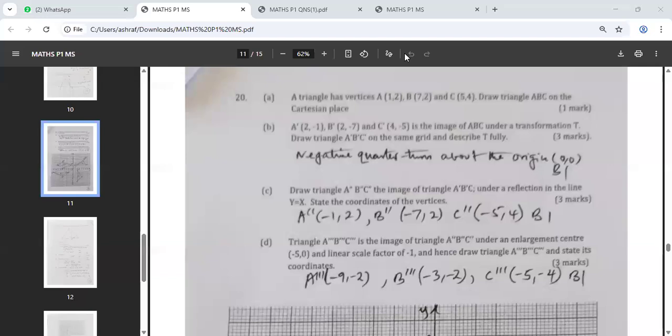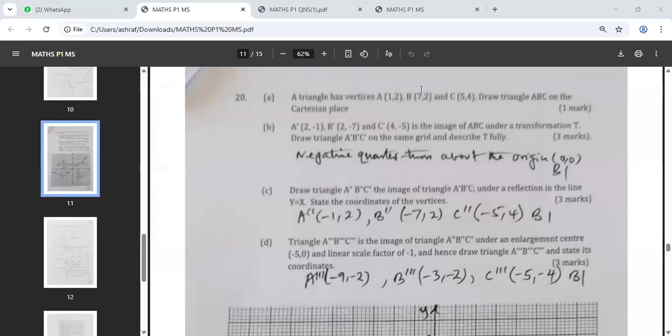I think he's saying the scale factor part. So the scale factor I said, if you're given a positive scale factor, then you just measure from the object to the center, then multiply that distance by the scale factor.